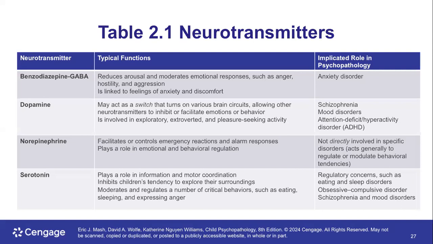So these are the four that we talked about. I intentionally covered acetylcholine and glutamate because they're not on here, but are part of the big six. And that is a very brief depiction of the biological factors that influence mental health.